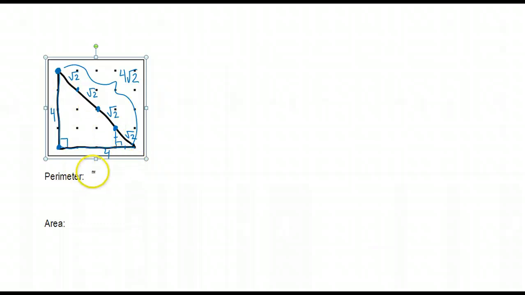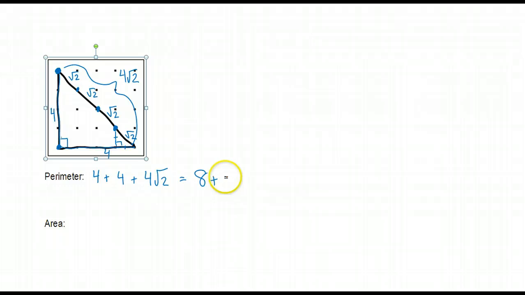So my perimeter is made up of 4 plus 4 plus 4 square roots of 2. Now what can I combine in this statement? These first two 4s are just integers, so I can add those like terms.